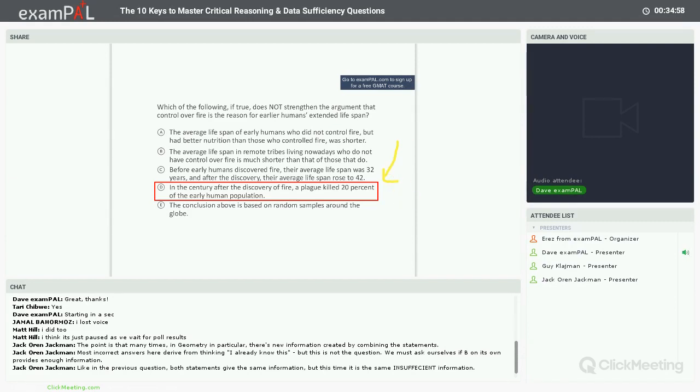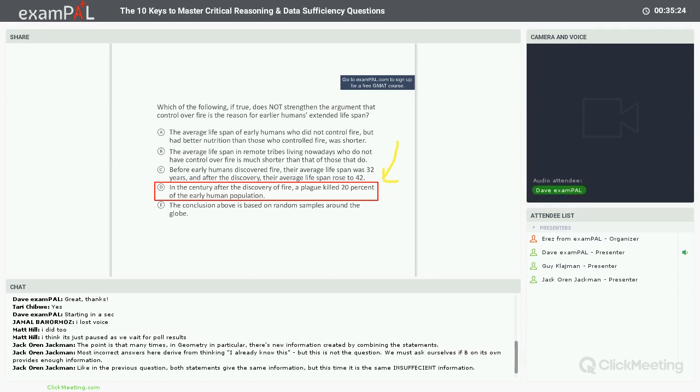And what's being pointed out here in statement D is that human life increased even though a different factor other than fire, the plague, had caused an opposite effect. So the although here actually strengthens the argument. Although something negative happened, fire was so much of a positive factor that it overcame this negative factor, the plague, and still caused an overall positive effect.